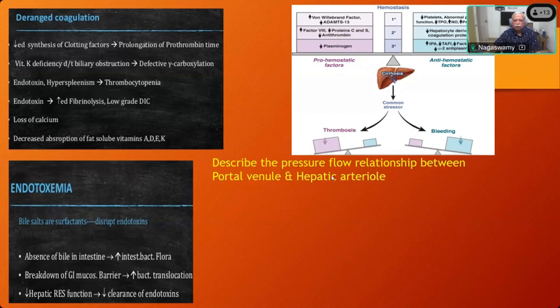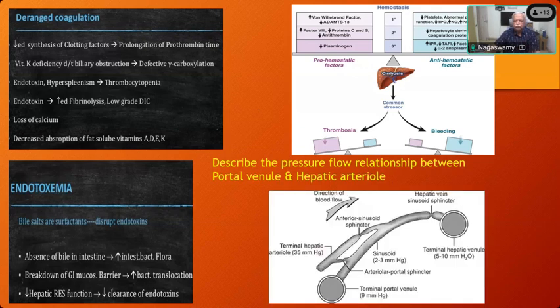And describe the pressure flow relationship between the portal venule and hepatic arteriole. This is one of the things which we saw, which is the intrinsic mechanism of flow regulation. In this picture, this is the terminal portal venule, which has a pressure of 9 millimeters of mercury. And this is the terminal hepatic arteriole.